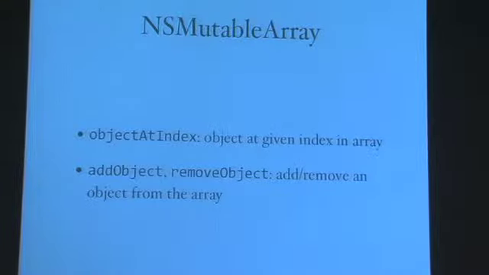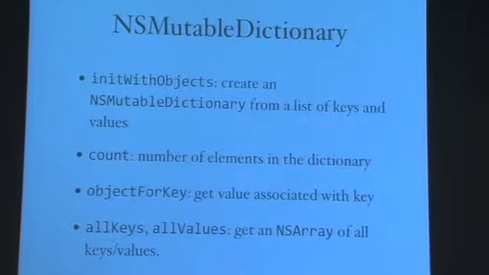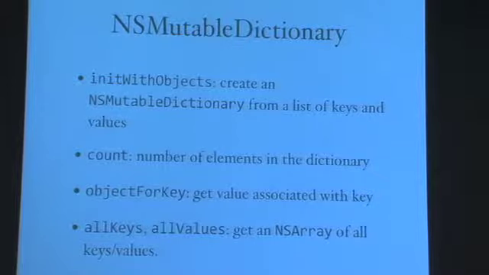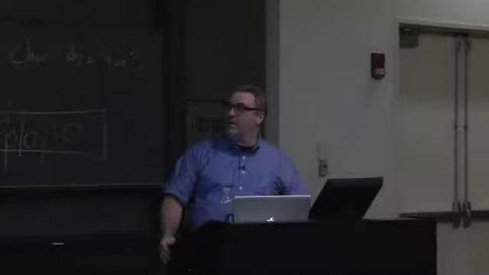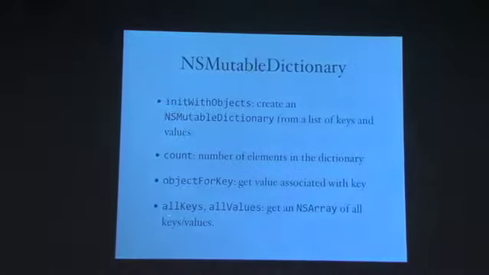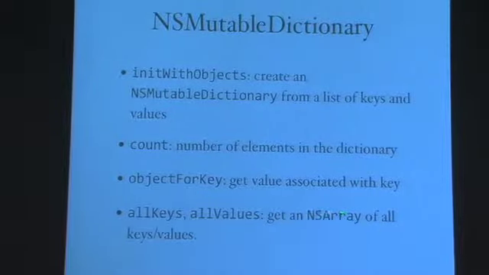The other really useful collection that iOS gives you is the dictionary, which is, as David said, the equivalent of a hash map or an associative array, where you've got key value pairs that cannot be primitive types. So again, it has to be an NSNumber rather than an integer or float or double. But you can find all of your keys, all of your values, and you can pull up the object for each of your keys.